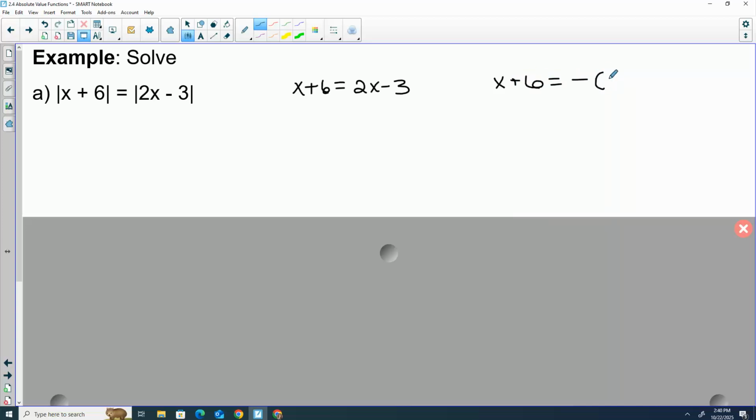When you do that, that is the piece that you have to watch. You have to do the opposite of that entire side. Okay, I want you guys to solve it from there. So it's an equal to, you're just getting 2 answers, not an interval. Solve our 2 pieces.